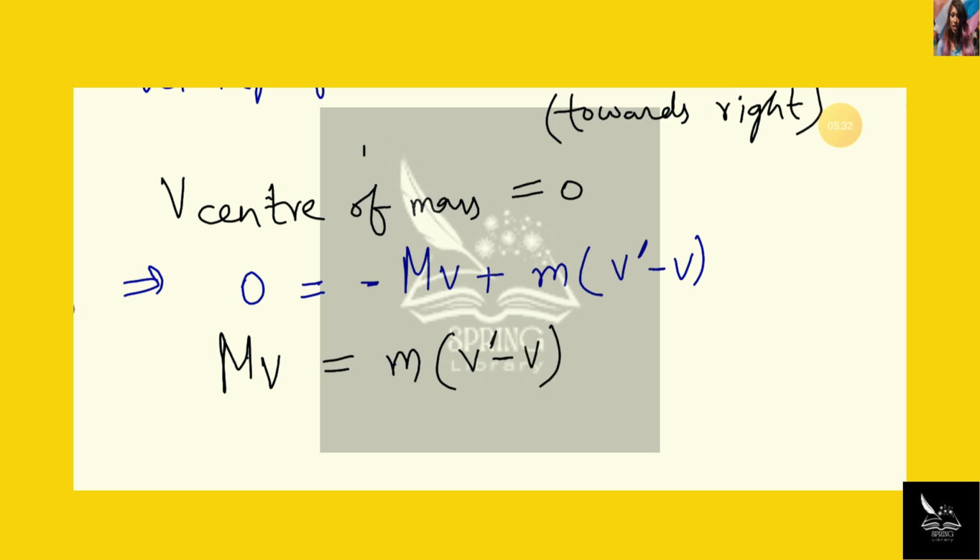Again simplify it, then I will get the value of v dash, that is equal to parenthesis of 1 plus capital M over small m, multiplied by v.